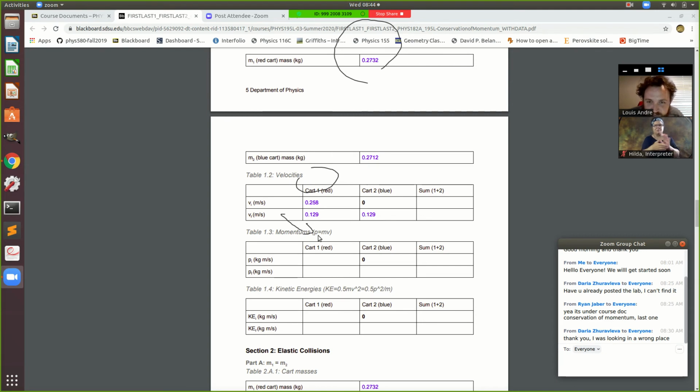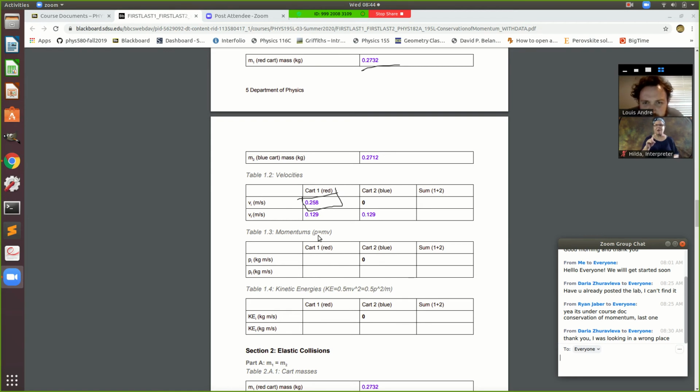Does that kind of make sense? So you have 0.258 times the 0.732. That's going to be the momentum P1, or P initial. That number is the mass of the cart, and that is the velocity of cart 1.